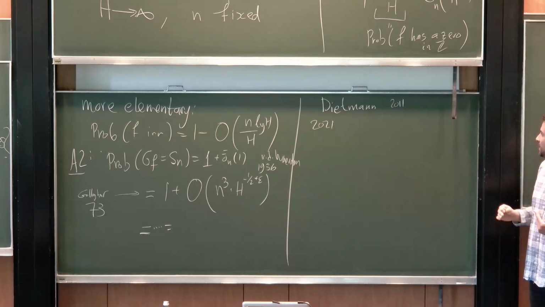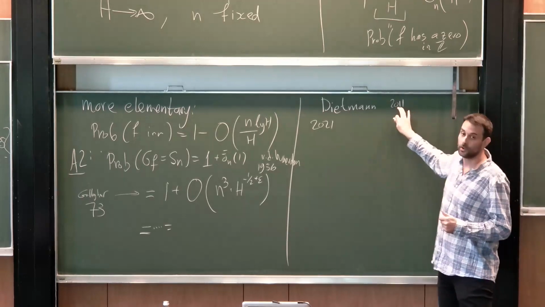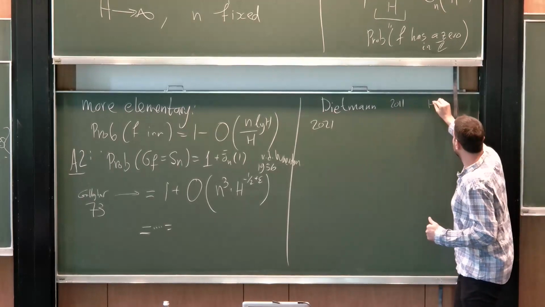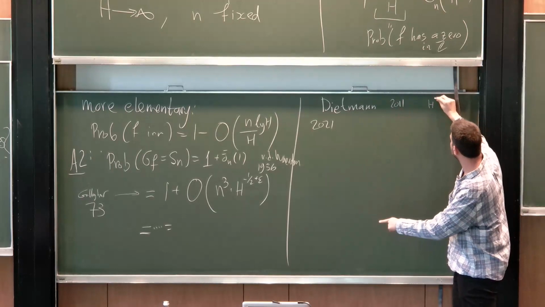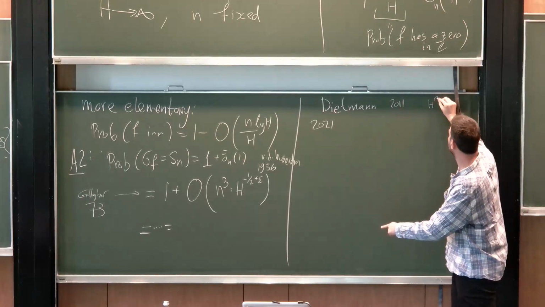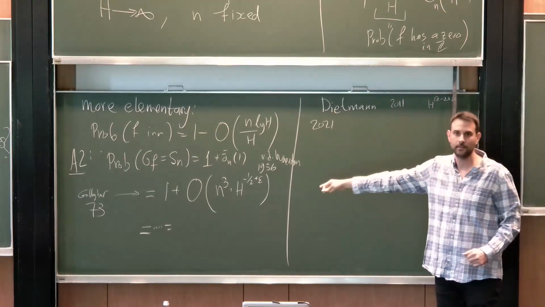In 2021, there were three substantial improvements of this result from 2011. So maybe I'll write what it is. The error term was h to the square root of 2 minus 2 plus epsilon, which if you think about it, is better.